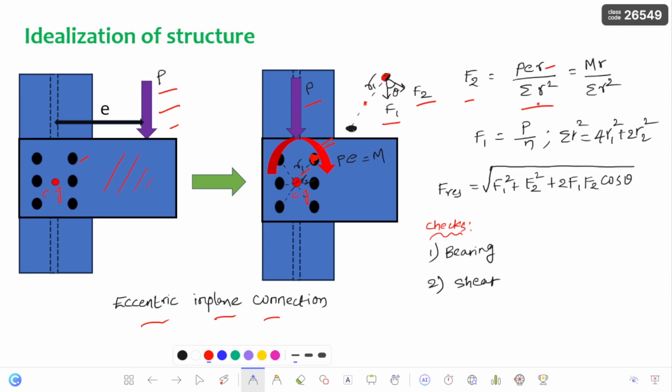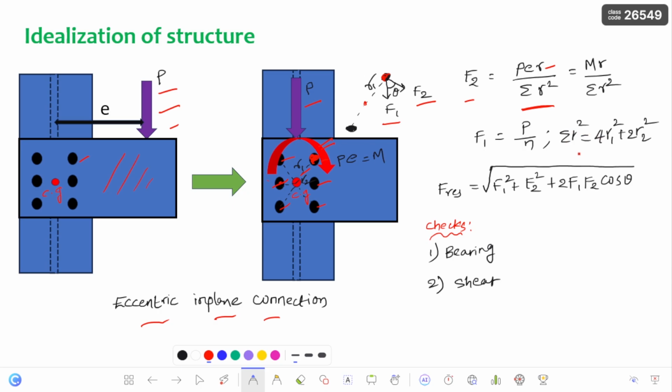Coming to the summation of R square, here there are 6 bolts. For 4 bolts, R1 is the radial distance from the CG of the bolted group to the center of the bolt, and for the other 2 bolts, R2 is the distance. So 2R2 square is the summation of R square for the other 2 bolts.